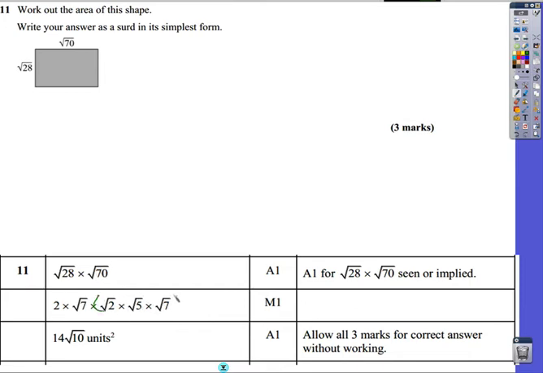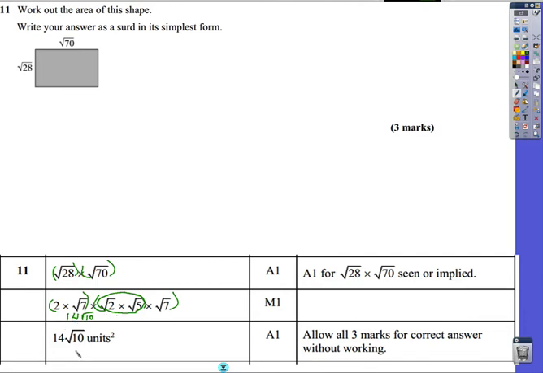So this here is this, and this here is this, and we know that root 7 times root 7 is just 7. If you want to use this method, 2 times 7 is 14. Then we're only left with root 2 times root 5. We can't simplify that, so they just left it as root 10. So this would also give 14 root 10.